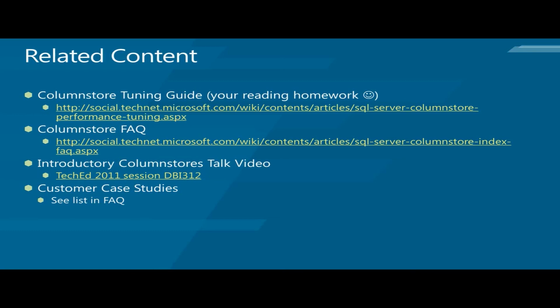We only have two more questions. The second to last one is, would it be overkill to have two similar tables in the database, having one with the column store index and one without? Usually, yes. Usually you want to have one with a column store index, and underneath it there's a B tree or a heap. So it's possible that the query optimizer could decide to use the B tree for certain queries.